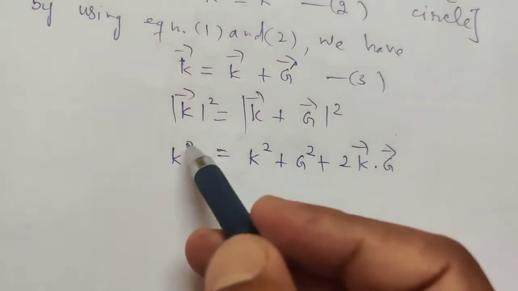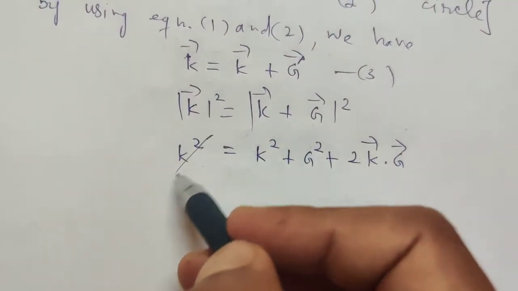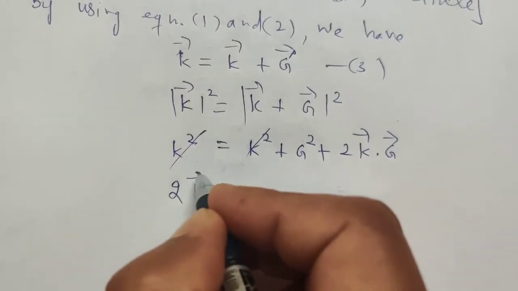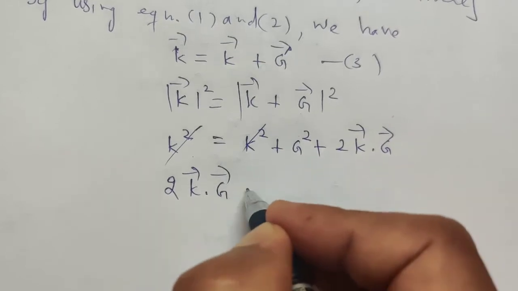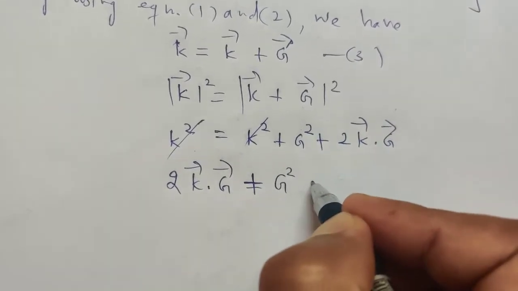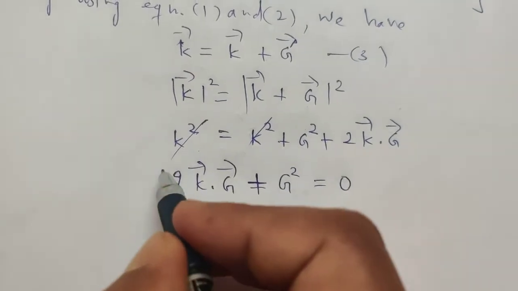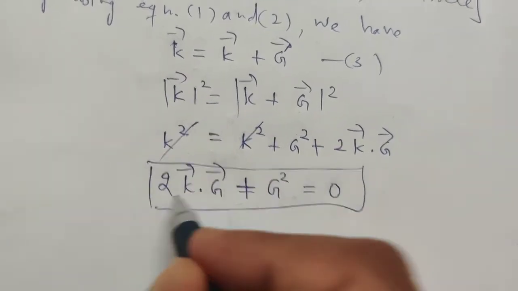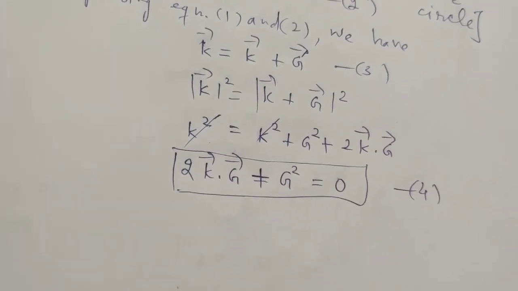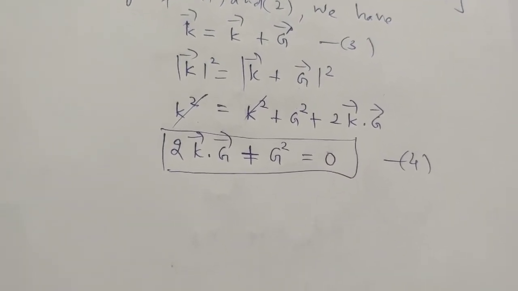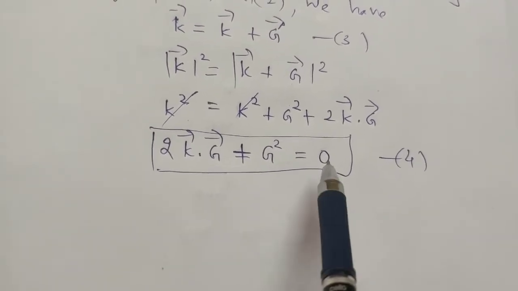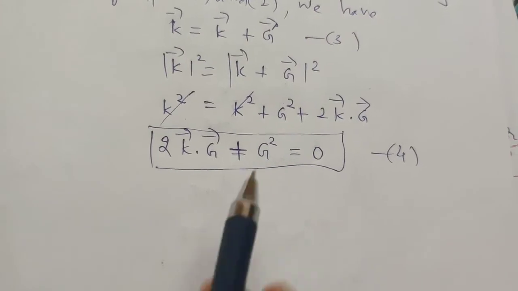Since K square cancels, you have 2K dot G plus G square is equal to 0. This is equation number 4, and it represents the vector form of Bragg's law.